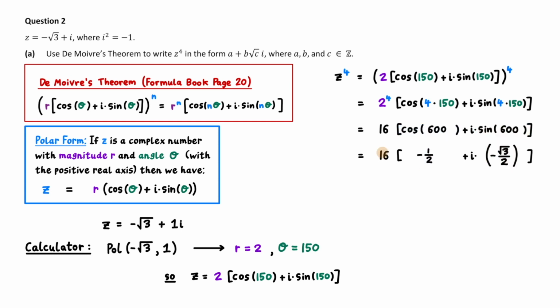Finally, we can multiply in the 16 outside the brackets. 16 times minus 1 over 2 is minus 8. 16 times minus root 3 over 2 is minus 8 root 3. So our final answer is that z to the 4 is equal to minus 8 minus 8 root 3 times i.